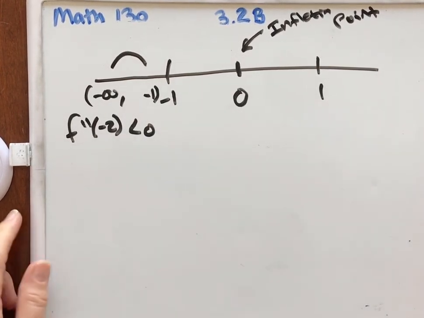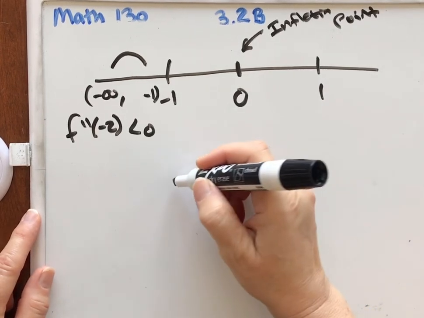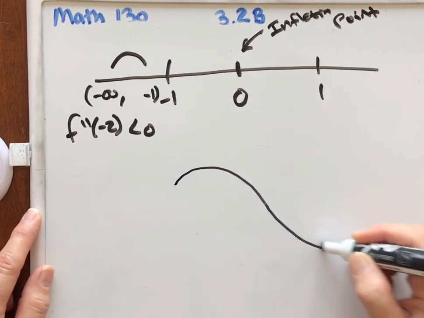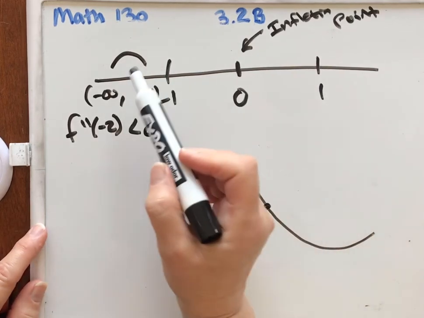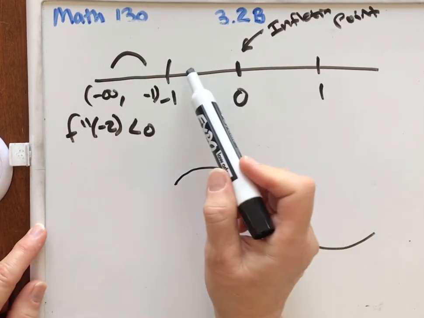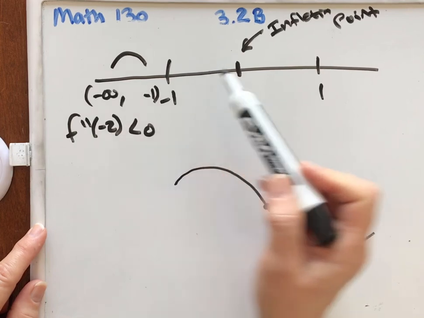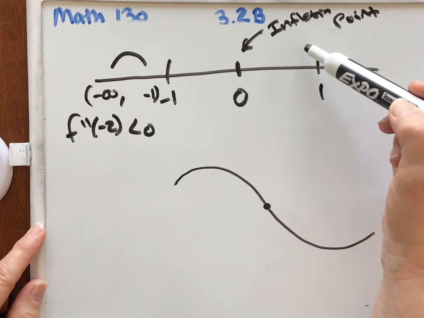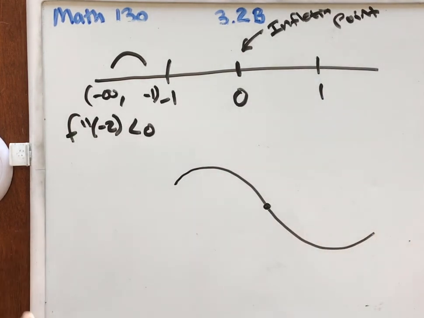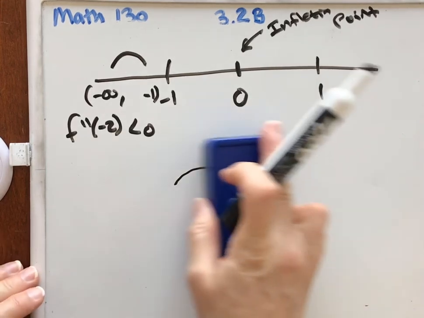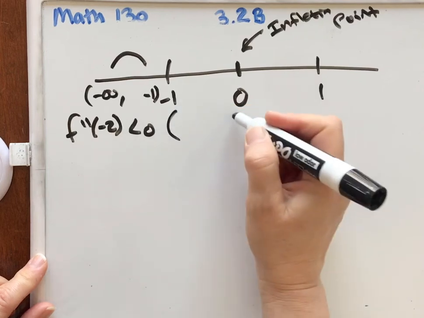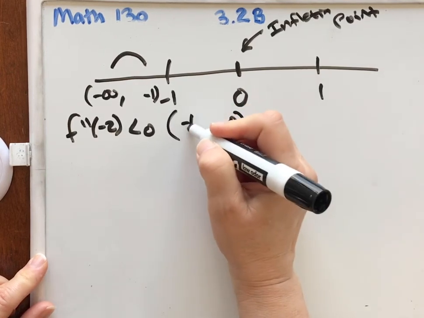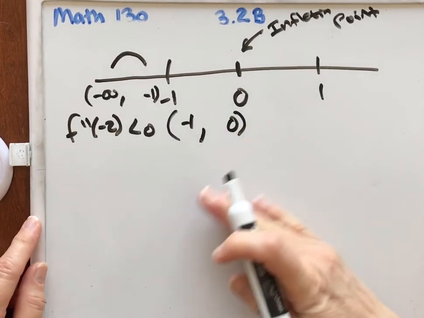So remember, it also inflects if we have concaving down and then concaving up. That's the inflection point. So most likely, since this is down, this must also be down, and then this is probably going to concave up and concave up. But we need to show that. So we're now going to look at the interval from -1 to 0.